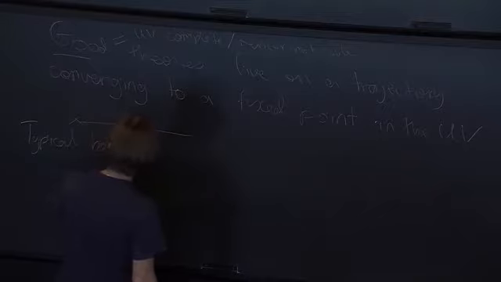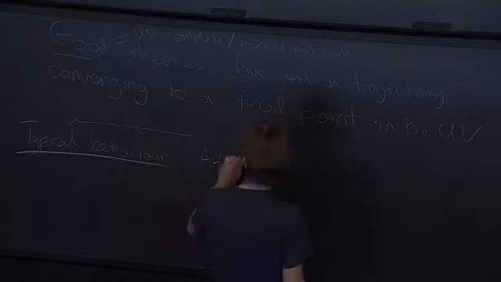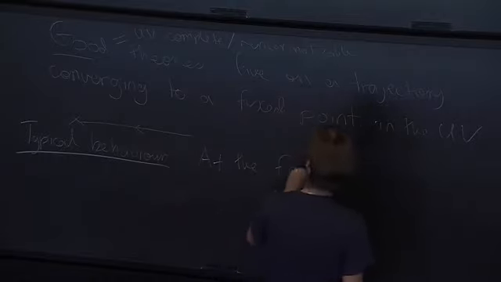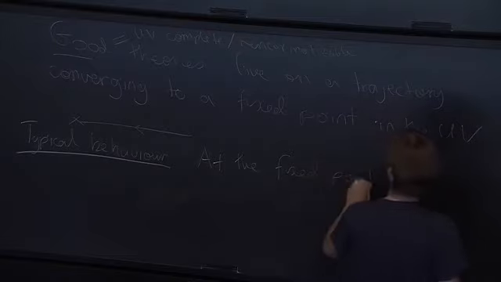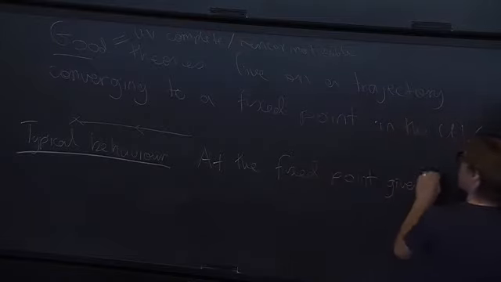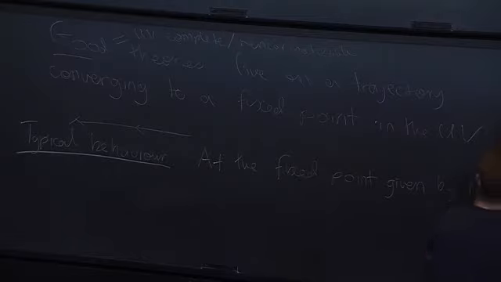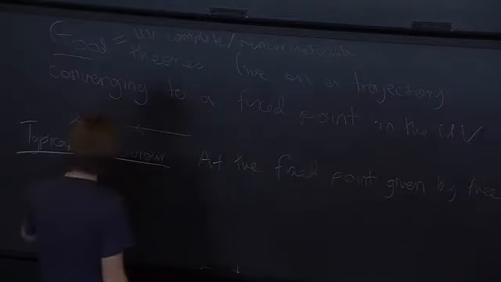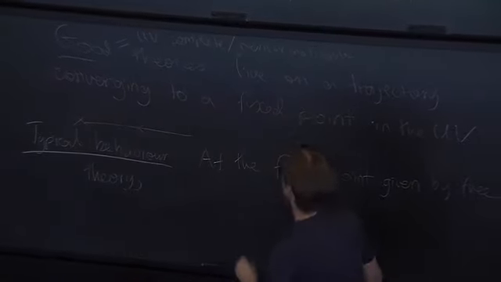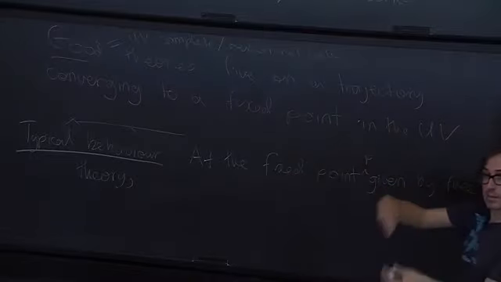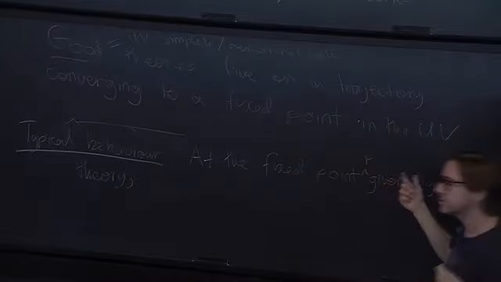So the typical behavior at the fixed point, given by the free theory, the fixed point, say I call it P. Well, the space of field theories is infinite dimensional, but I can look at the tangent space at this fixed point.